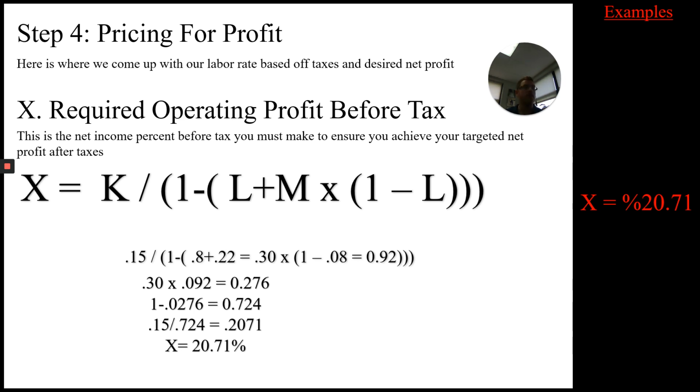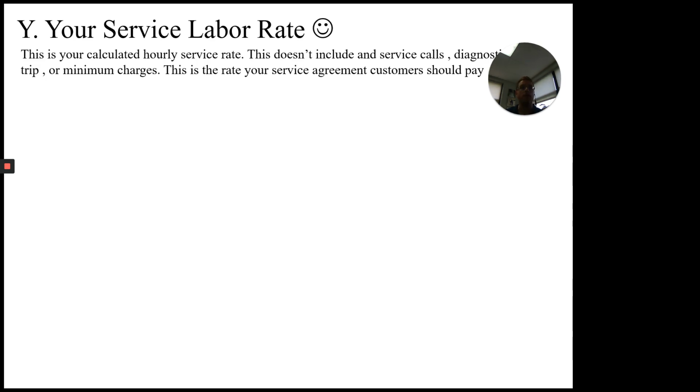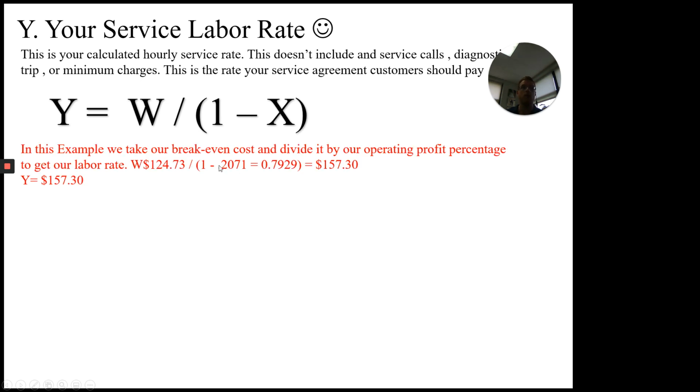Once you have that percentage, you now come up with your service labor rates. Pretty much, Y is your service labor rate is W divided by 1 minus X. So you take all your numbers and you crunch it. So in this example, we take our break-even cost, divide it by our operating profit percentage to get our labor rate, which is our break-even cost was 124.73.